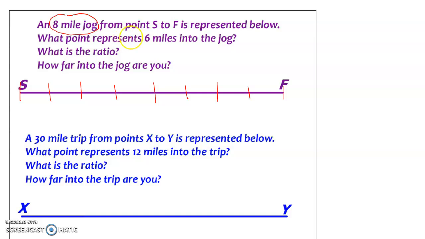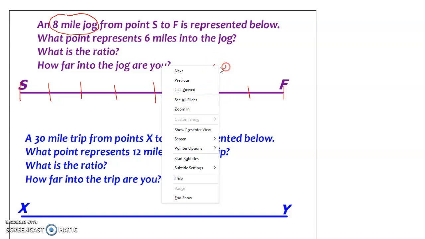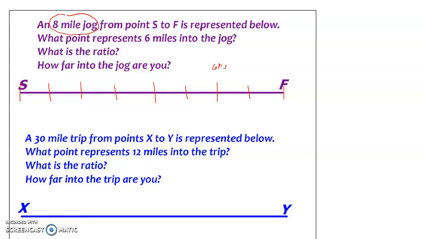Now, what point represents 6 miles into the jog? So that'd be 1, 2, 3, 4, 5, 6 miles would be right here. So that's 6 miles.